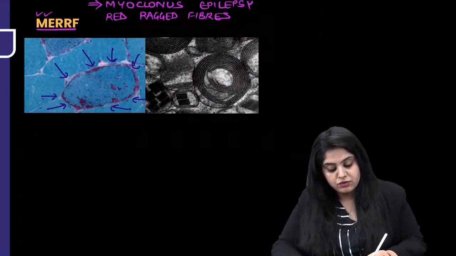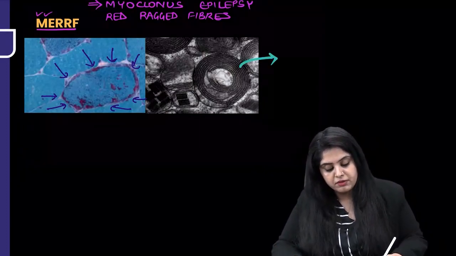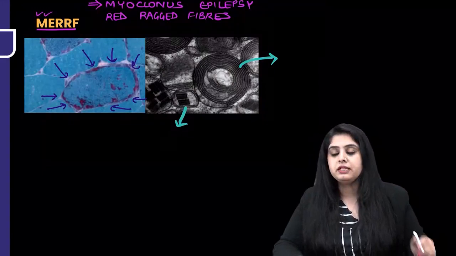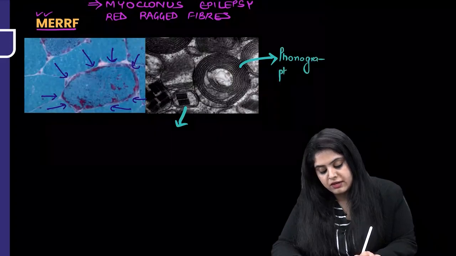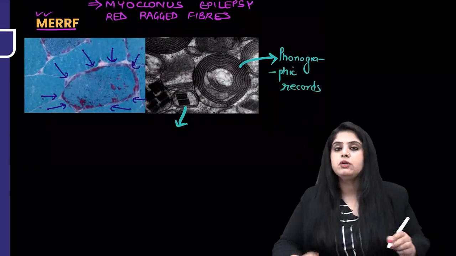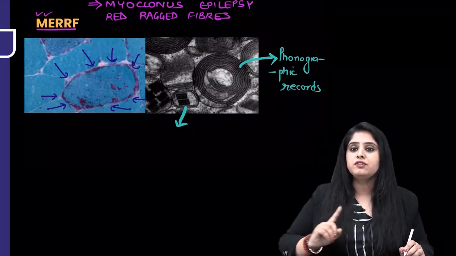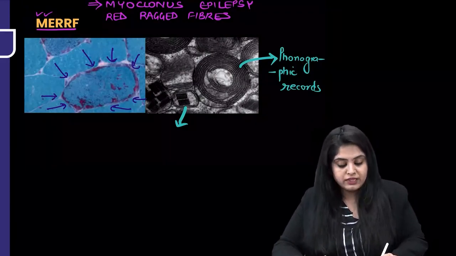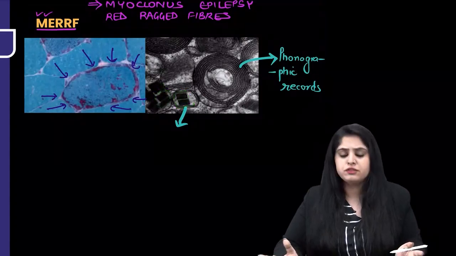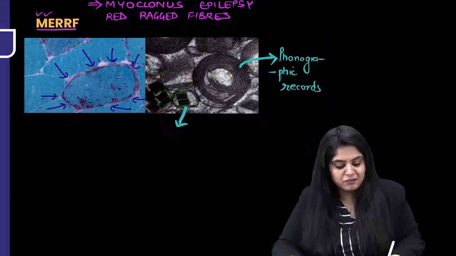And this on an electron microscope shows you picture number 1, picture number 2. This on an electron microscope looks like those old phonographic records. I don't know how many of your parents might have stored them and kept them till date, but the phonographic record on which they used to listen to music, it looks like that. And what are these boxes? These look like how you park in the streets of Delhi, just a random appearance of parking.